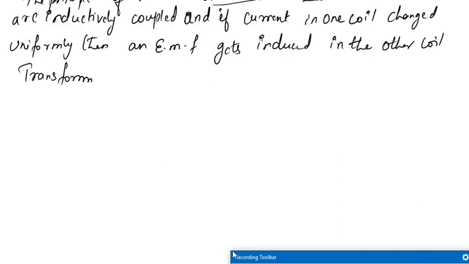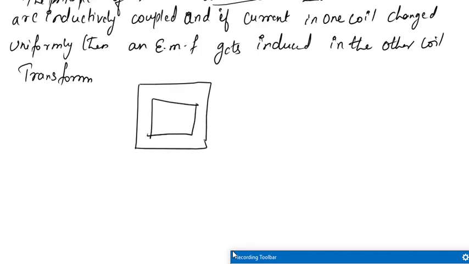So let's understand this transformer by drawing a rough figure. Let us take a bar. This is a magnetic core bar, where both ends are wound.